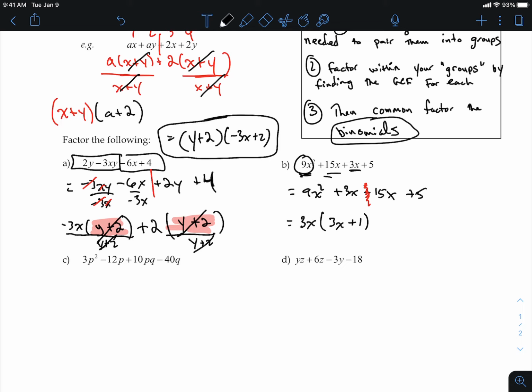If you've done this right, you should expect to see a 3x plus 1 spit itself out on the other side. So, what are you going to factor out of these two terms? Just the 5. It's plus 5. And then it's 3x plus 1.